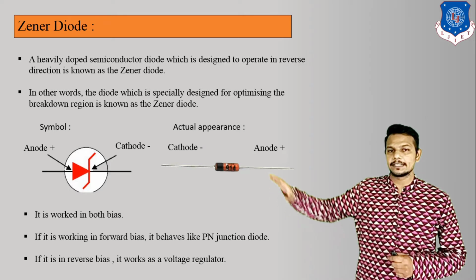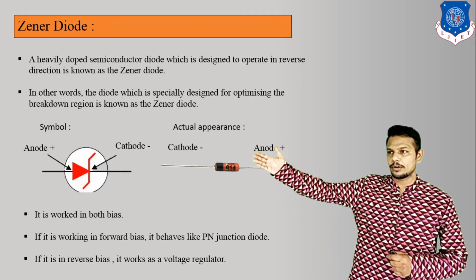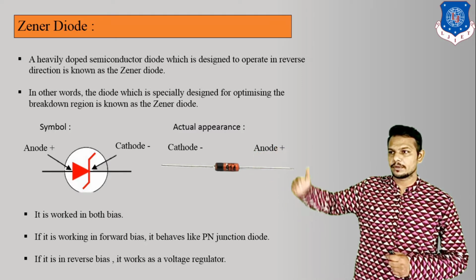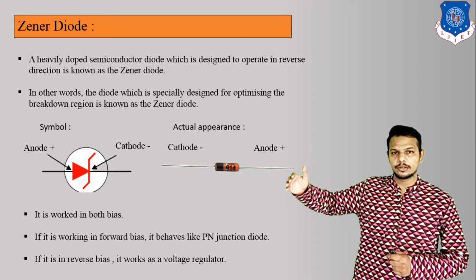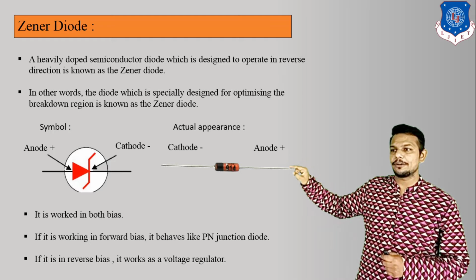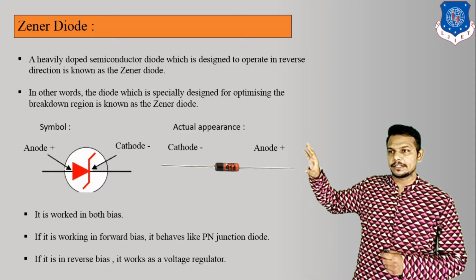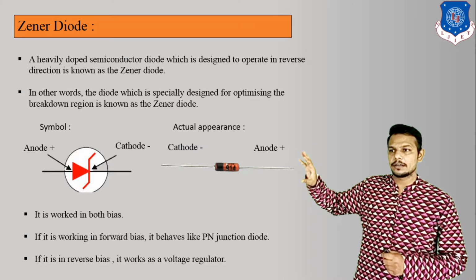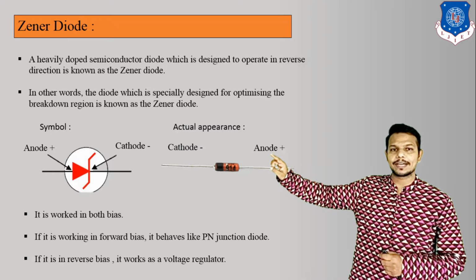Here we can see the symbol of the Zener diode, with anode and cathode; current always flows from anode to cathode. This is the symbol and this one is the actual appearance of a Zener diode. At the plus side, the anode side, current flows from anode to cathode.